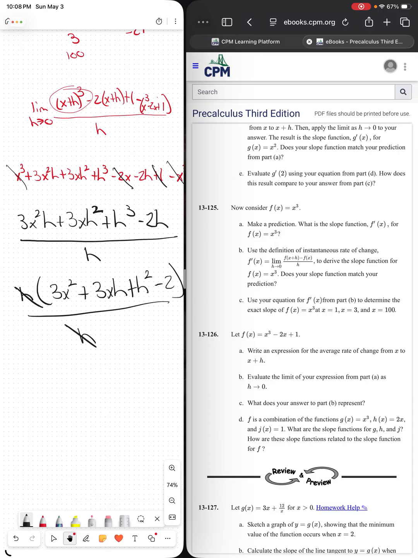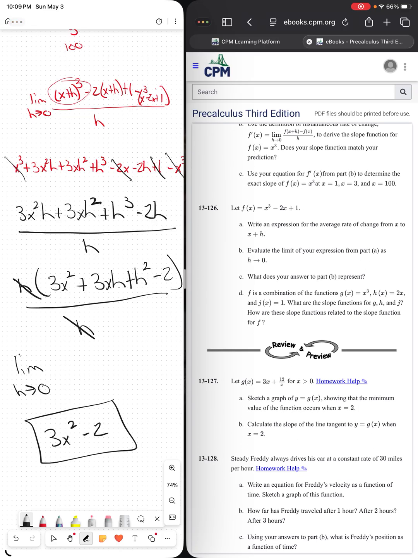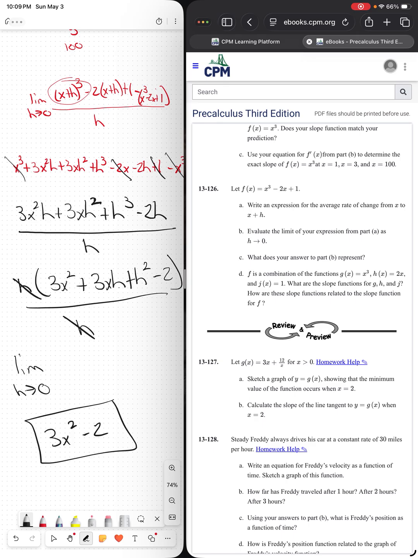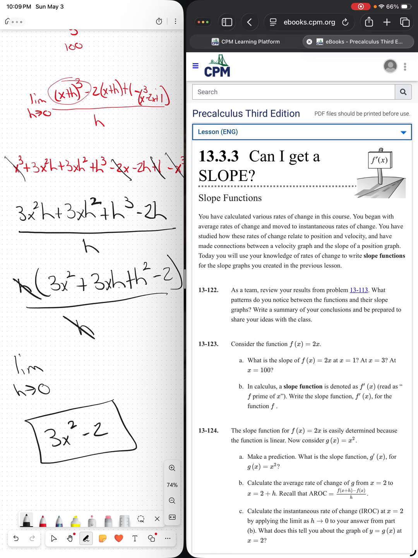The h's cancel. Then the limit as h approaches 0 gets rid of the 3xh and the h squared. So what am I left with? 3x squared minus 2. That is my slope function. Pretty cool how that works. A lot of work there, but that is 13.3.3.